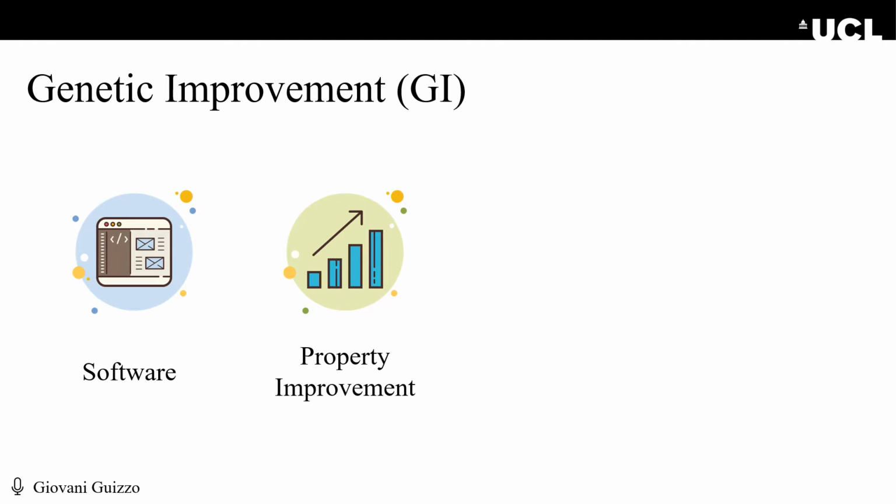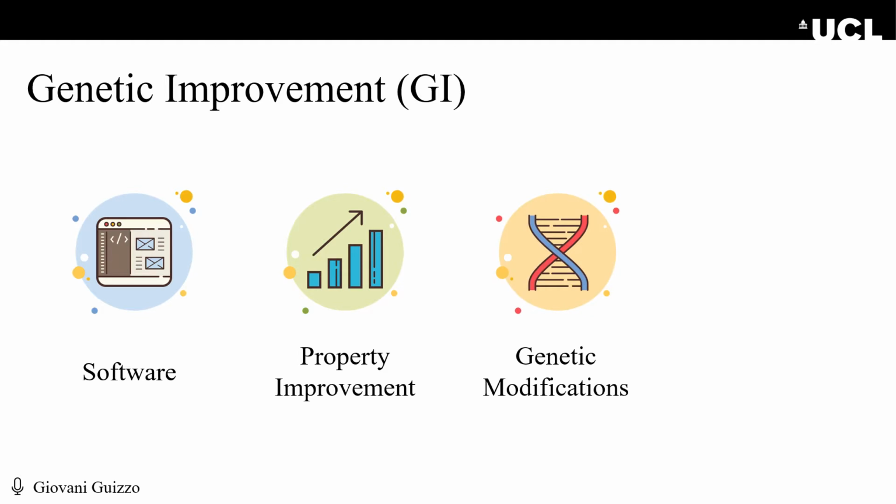In non-functional improvement, on the other hand, we aim at improving properties such as runtime, memory consumption, and energy consumption. For that, we represent the software into a genetic representation and apply modifications to this representation. For instance, we can represent it as a tree or a list of statements or lines. Then we can delete statements, swap lines, copy blocks of code, and so on.